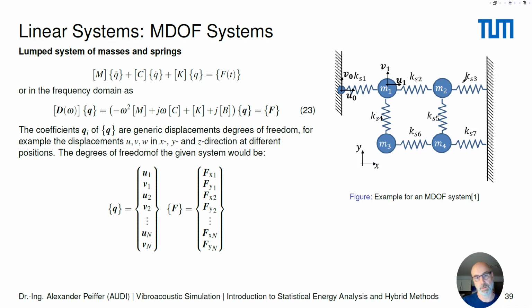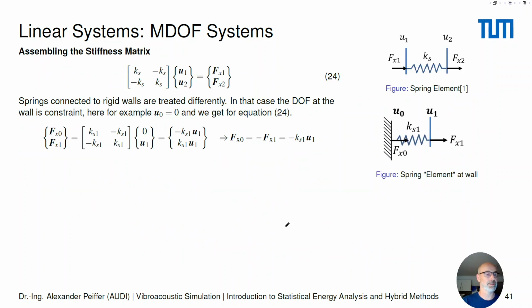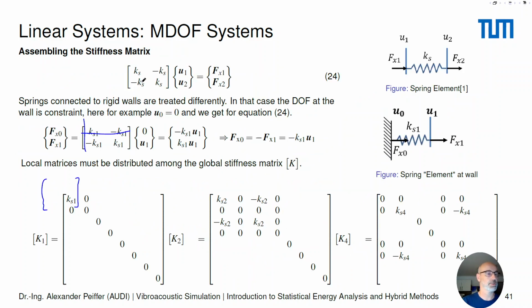This would be u2, the motion in x direction at the second mass, and this is the reason why we distribute this stiffness matrix to the relevant degrees of freedom, which are in these rows but also in these columns. So the degrees of freedom used in our global vector denote the location of the entries in the global stiffness matrix.